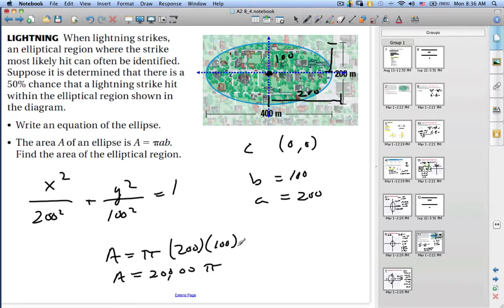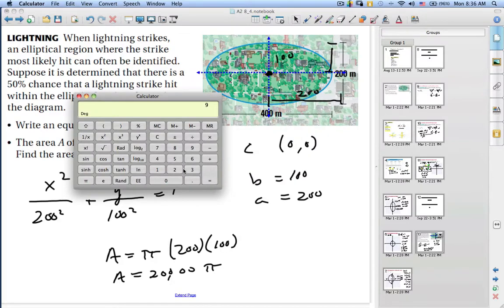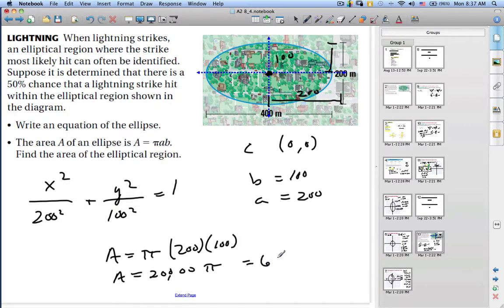If I wanted to find that as a decimal, which I might, I could take 20,000 and multiply it times pi, and I get 62,832 essentially. And this is meters, so that would be meters squared for area. Okay, so that's working with ellipses. In our next section, we're going to take a look at hyperbola.